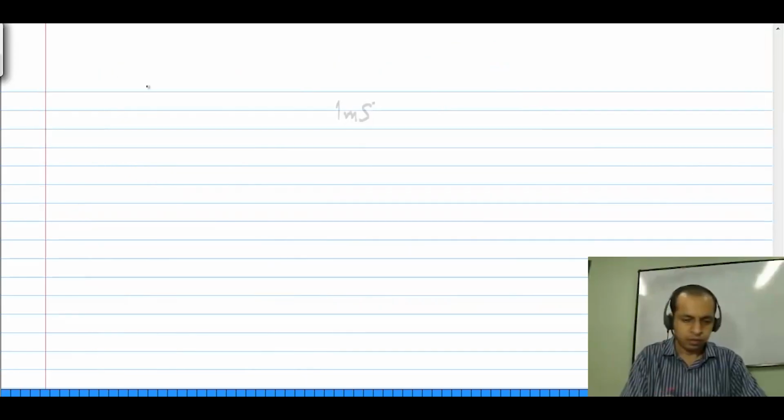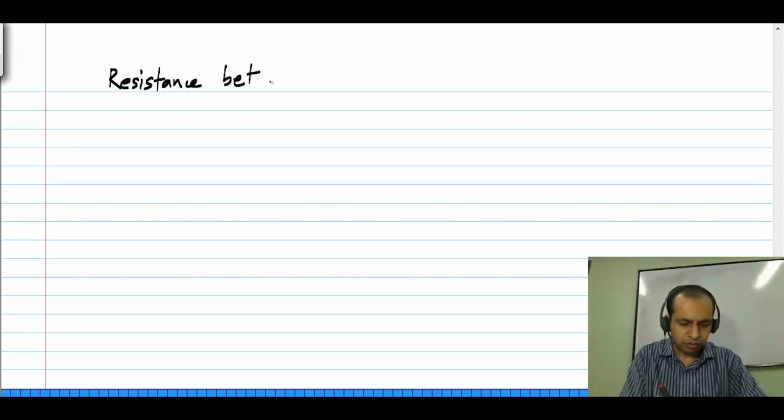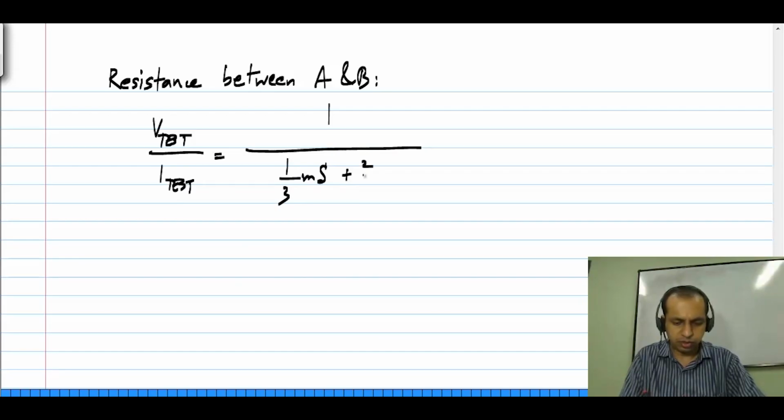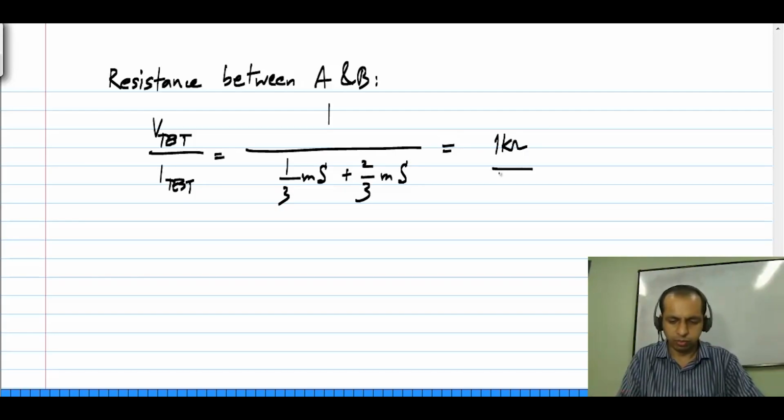Okay. So the effective resistance between A and B is V-test by I-test, which is 1 by 3 millisiemens plus 2 by 3 millisiemens, which is basically 1 kilo.